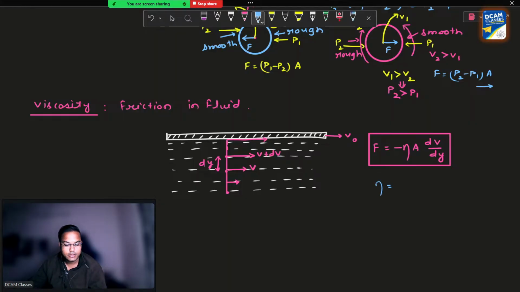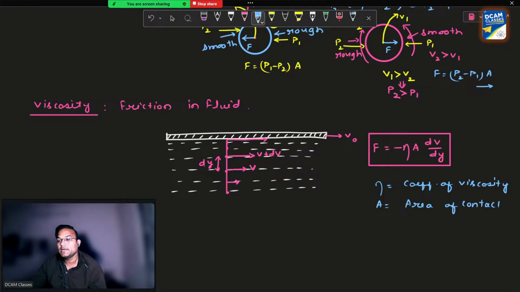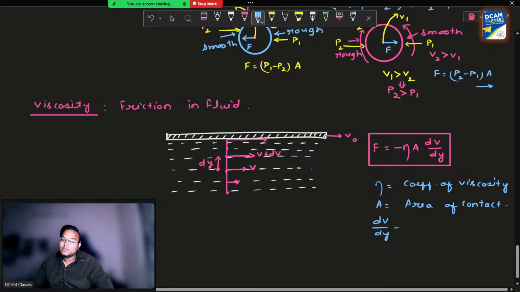What is eta? Eta is the coefficient of viscosity. A is the area of contact, the area to which the liquid is in contact with the surface. dv by dy is known as the velocity gradient.